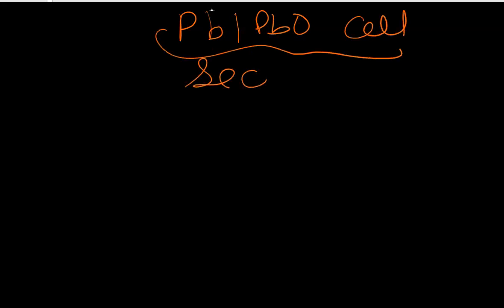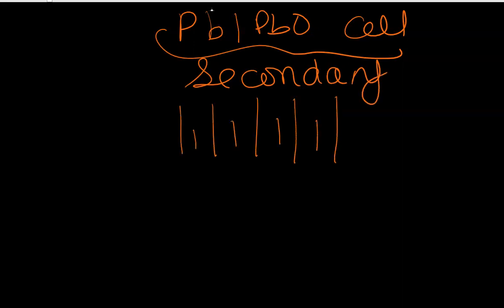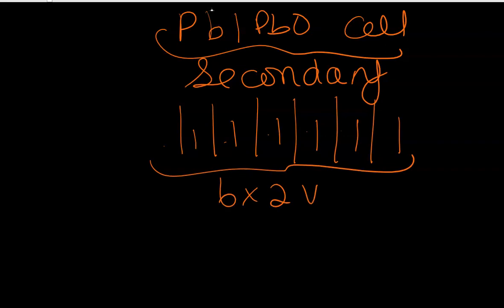Now, the other option is your lead or your lead oxide cell, which is your secondary cell. And these consist of 6 2-volt batteries to give you 12 volts, right?